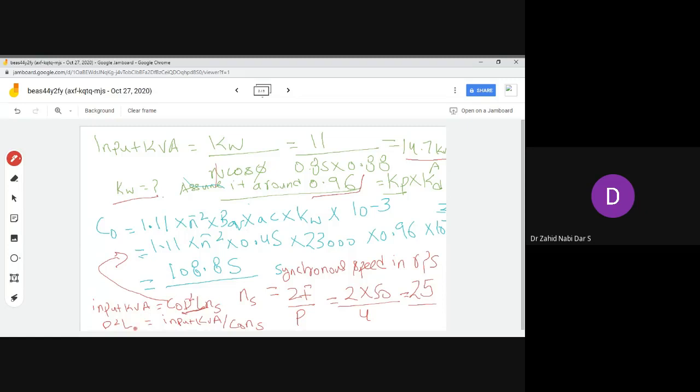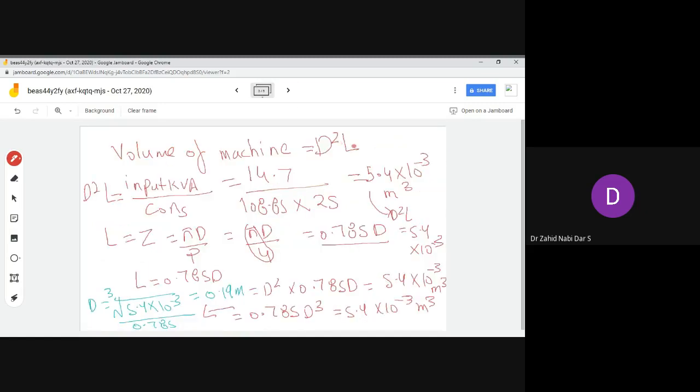So input kVA is C naught D square L NS, so D square L is input kVA divided by C naught into NS. The input kVA value, C naught value and NS value were all calculated. So the volume of the machine D square L was input kVA by C naught by NS, with input kVA calculated as 14.7.